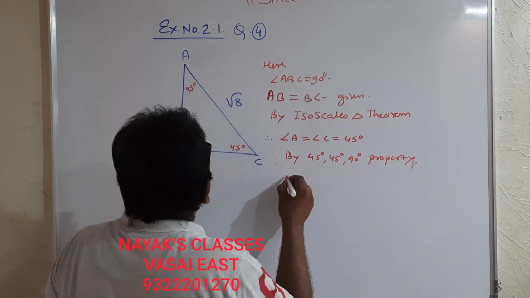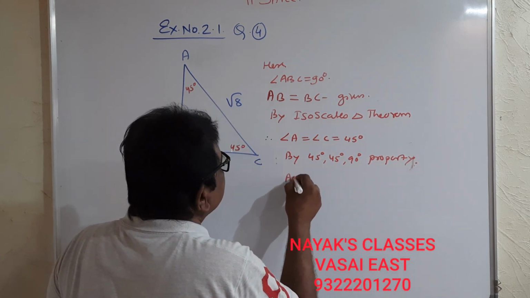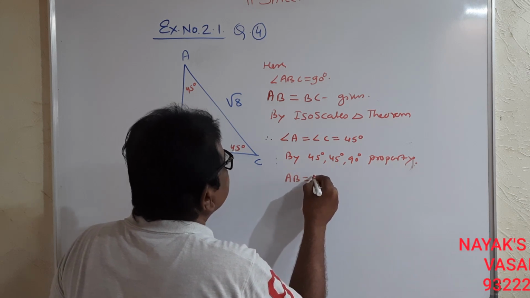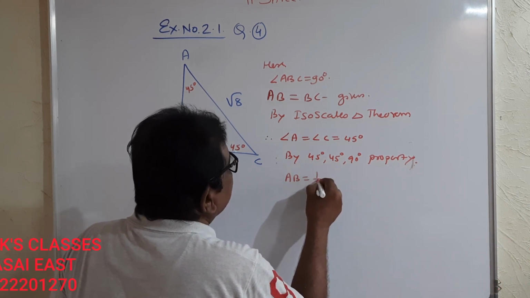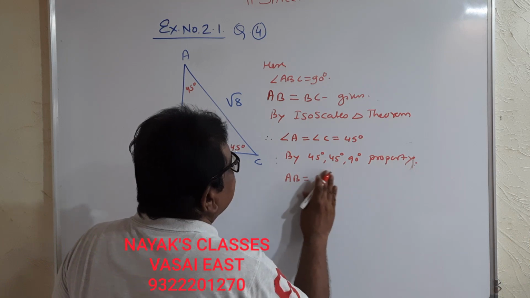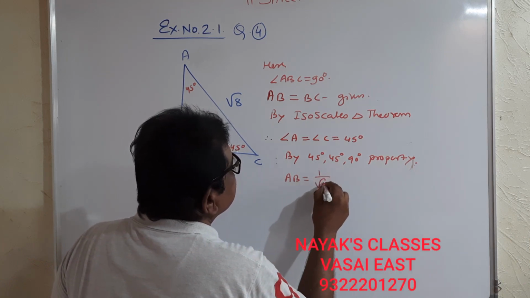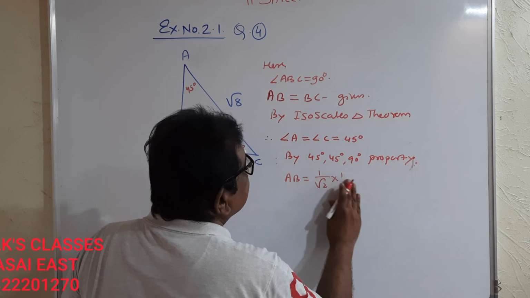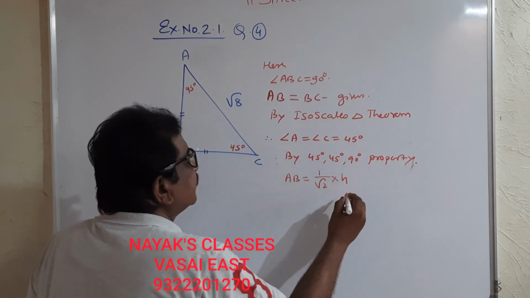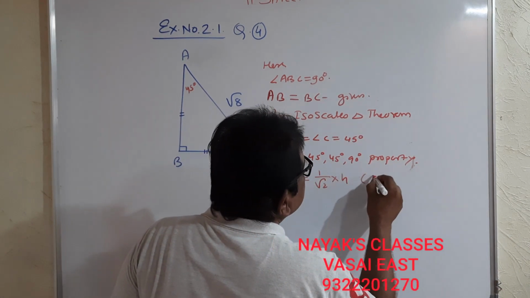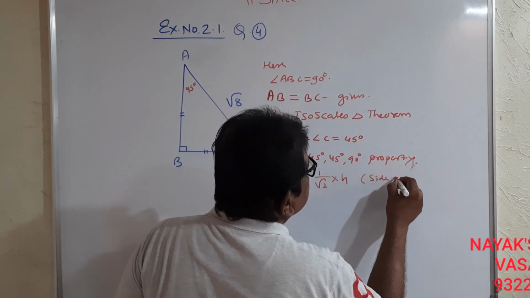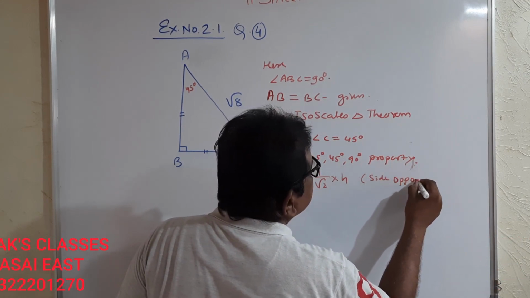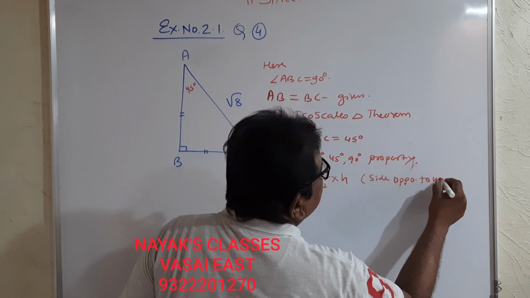Side opposite to 45 degrees, AB is equal to 1 upon root 2 into hypotenuse, the side opposite to 45 degrees.